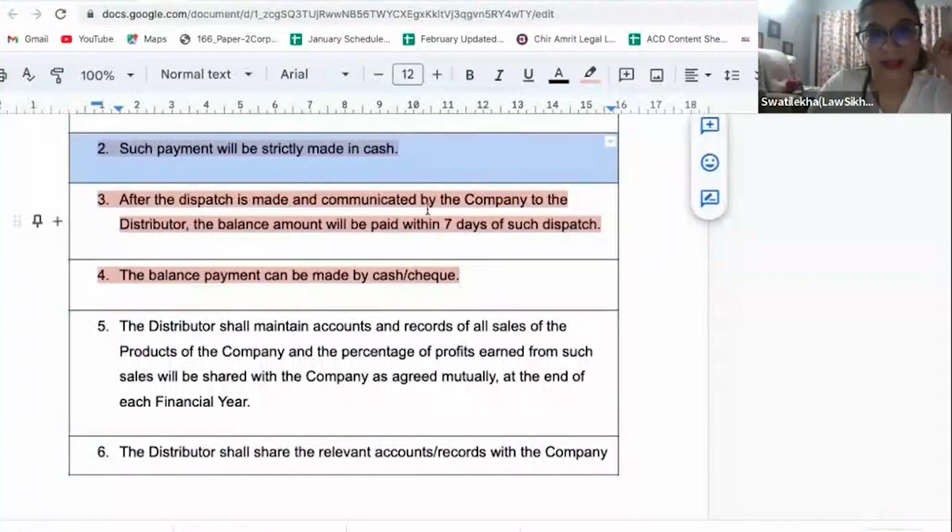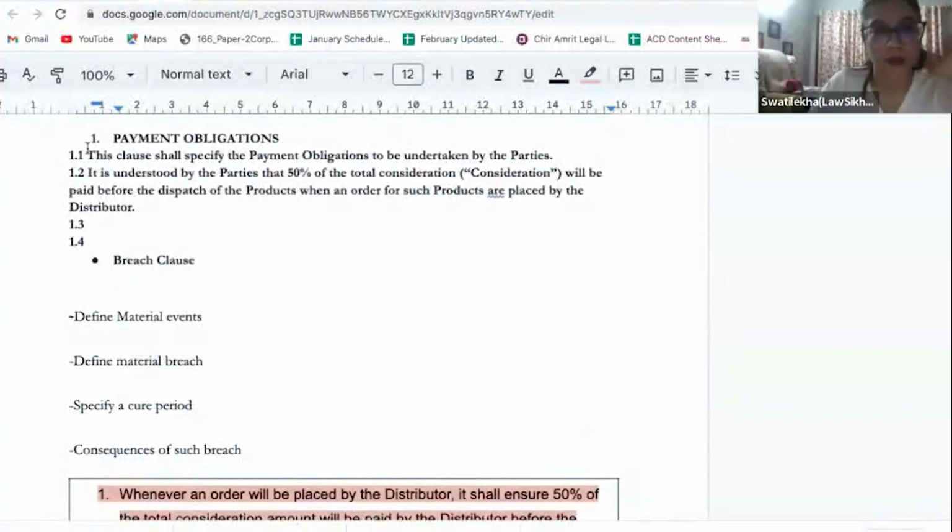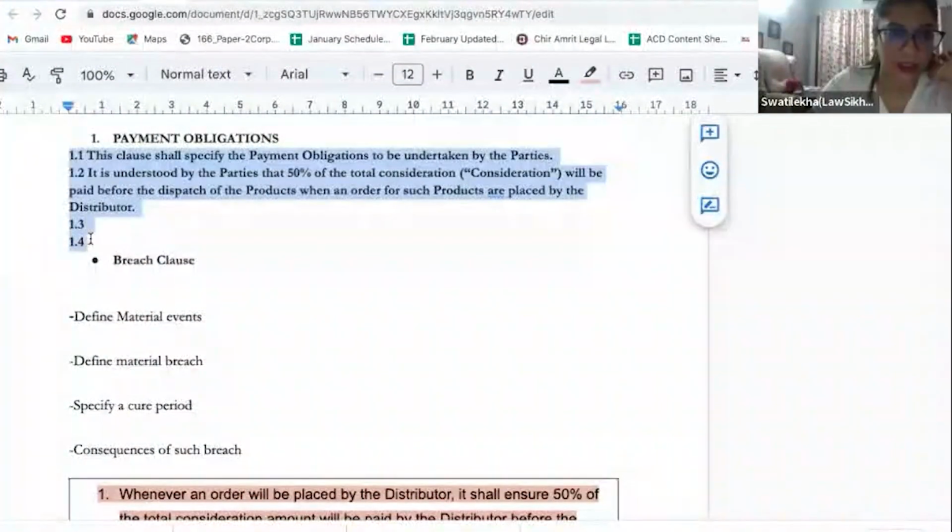Third: after the dispatch is made and communicated to the distributor, the balance amount, the rest 50%, will be paid within 7 days of the dispatch. For the advance payment, cash has to be used. For the balance payment, you can use cash or cheque, whichever you want. So these are the 4 points I have to capture.